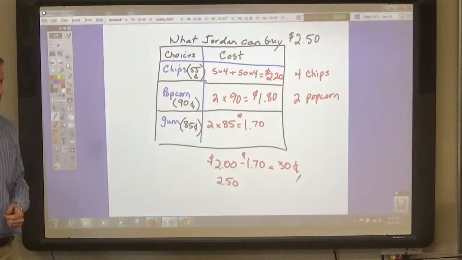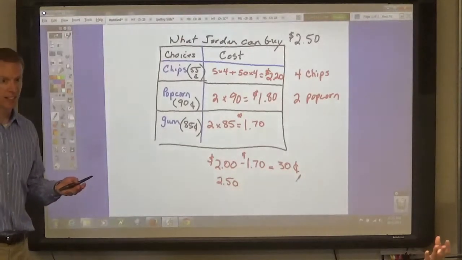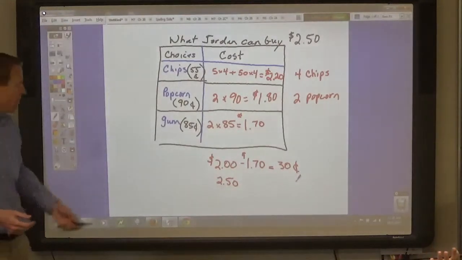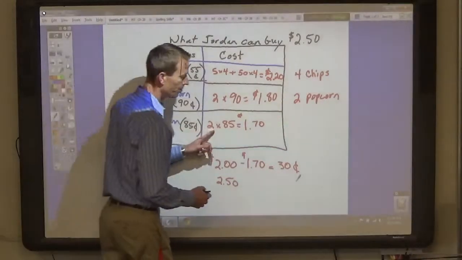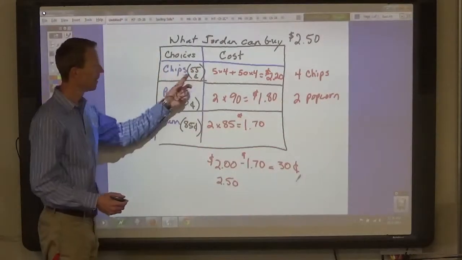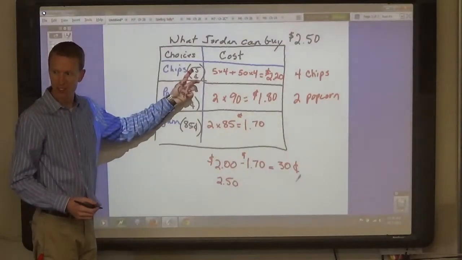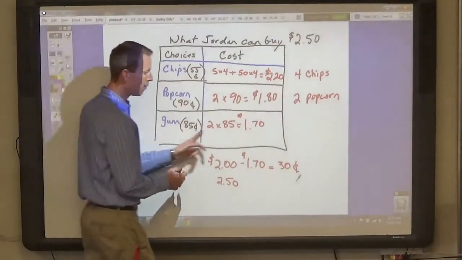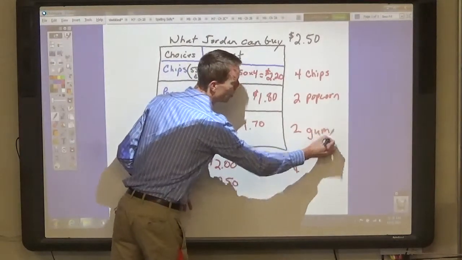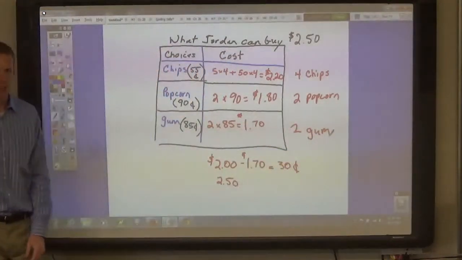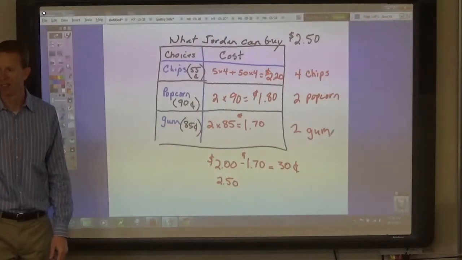The 50 cents plus 30 cents is 80 cents. Is that enough for another? No. Yep, you could buy a bag of chips, right? Good. But if you were just getting gum, you would only be able to buy 2. Correct? You agree with that? Yep.